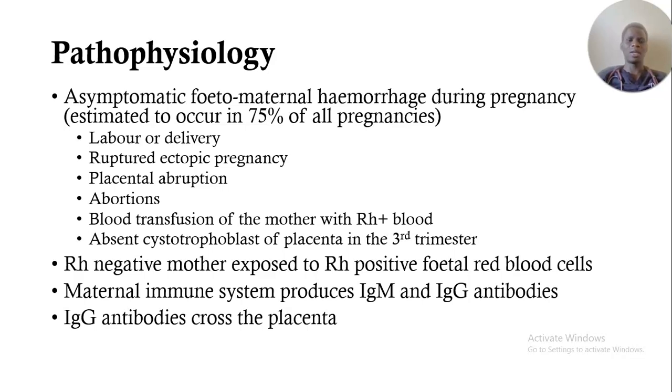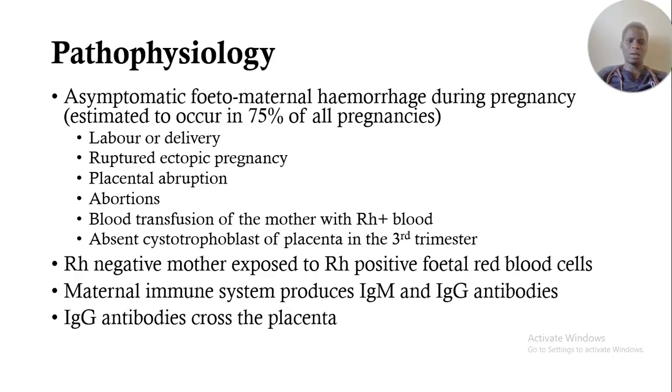But in some scenarios, like a ruptured ectopic pregnancy, abortions, or placental abruptions, there can be mixing of the blood of the mother and the fetus, which can really cause some problems. And most times the subsequent pregnancies are the ones which are not safe because during delivery or parturition, we cannot prevent the blood of the mother from mixing with that of the baby.